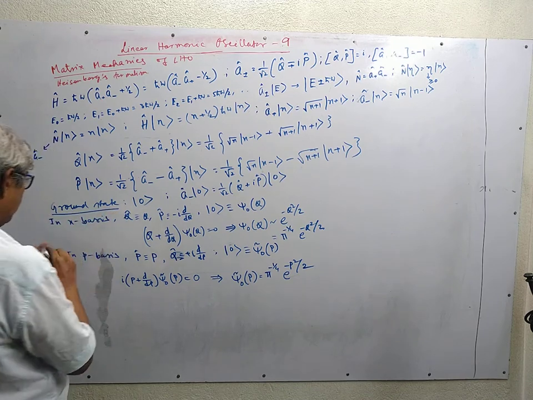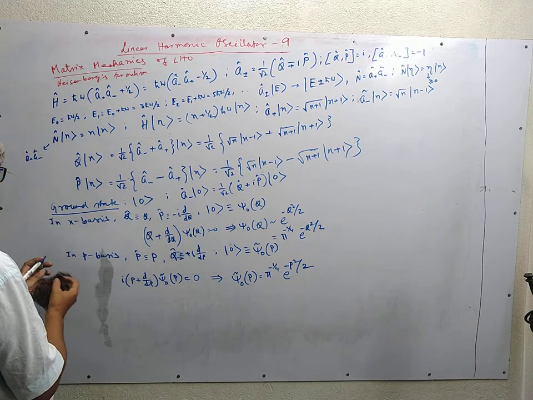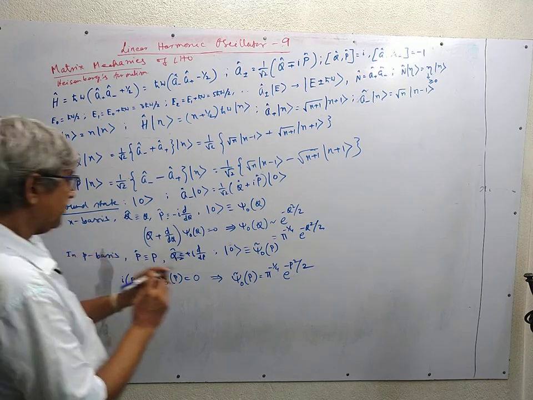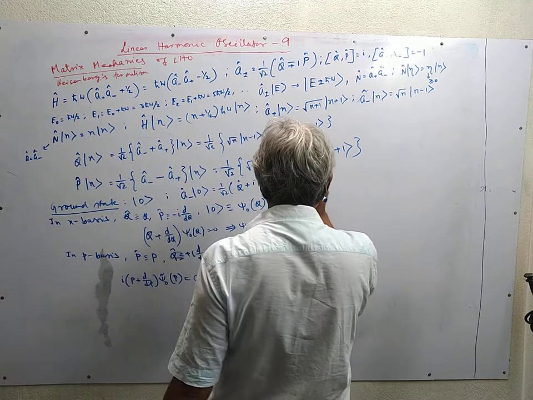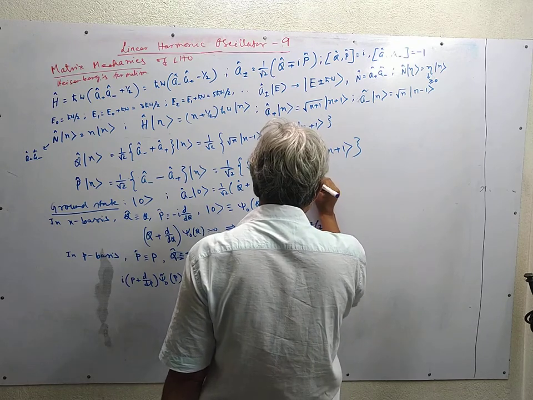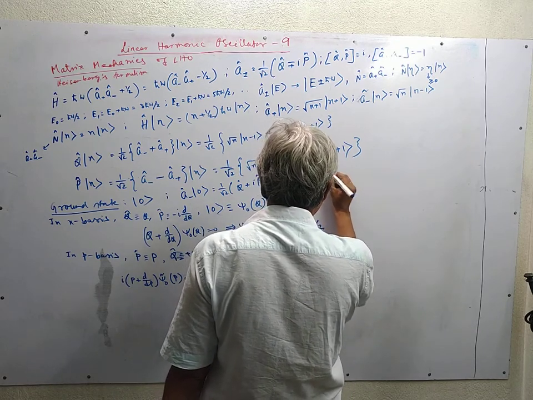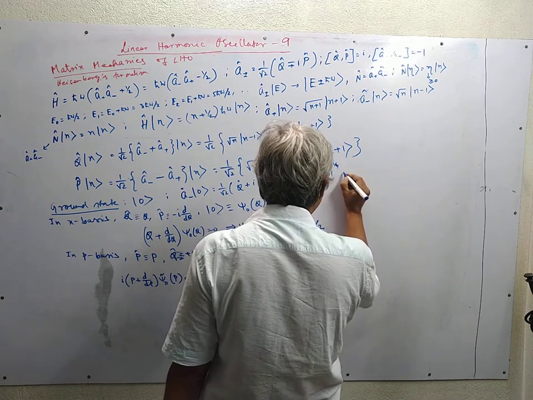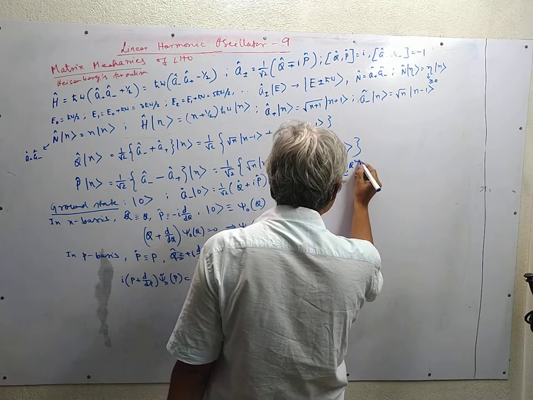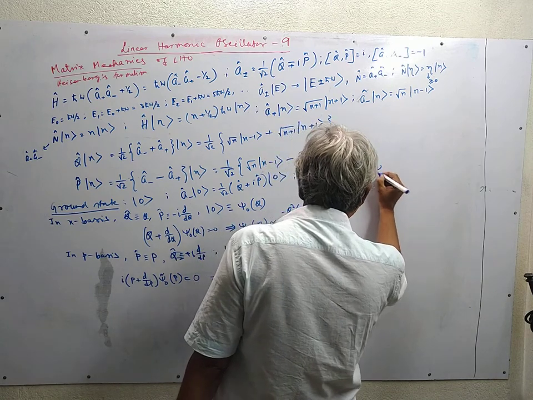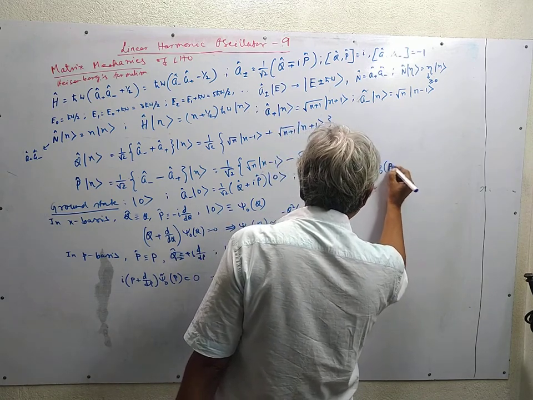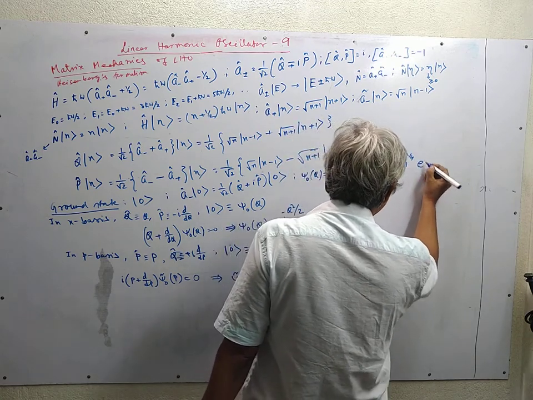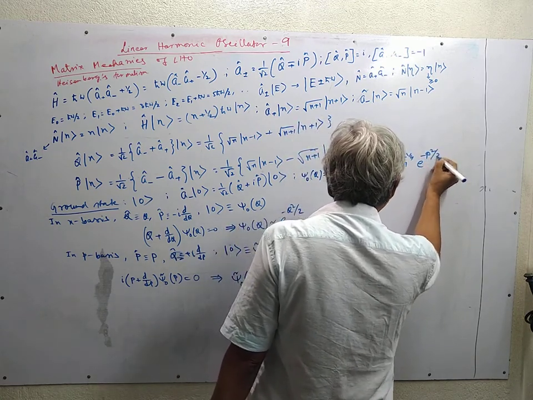Now we shall go to the excited states problem. You remember that the ground state is psi 0 of q equal to pi to the power minus 1/4 e to the power minus q square by 2, and psi 0 tilde of p equal to pi to the power minus 1/4 e to the power minus p square by 2.